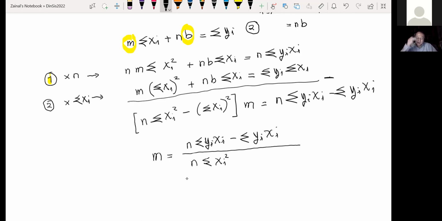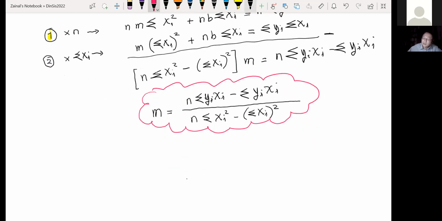Did I make a mistake? This one is correct, yeah. So this is the formula to calculate m.